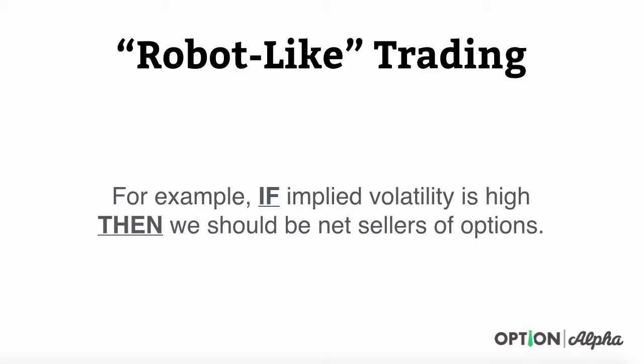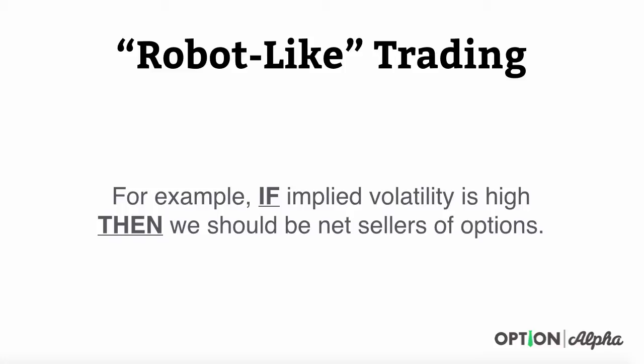So for example, an if-then statement might be, if implied volatility is high, then we should be net sellers of options. And so if implied volatility is high and we have this statement in our plan or in our system, then this completely eliminates the ability for us to enter trades that are net buyers of options, and we remove our emotion.